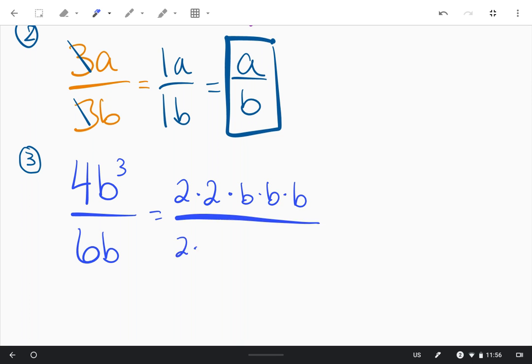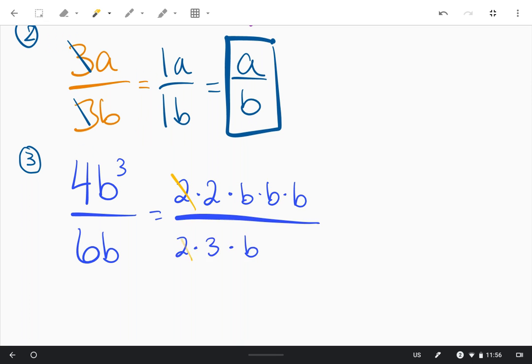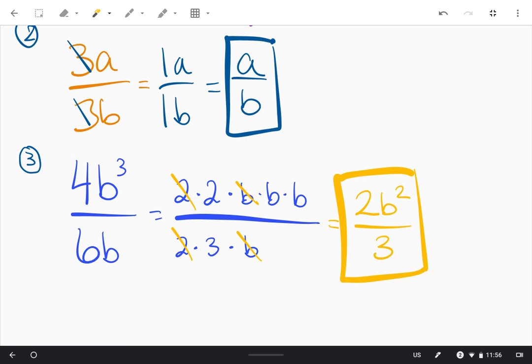And 6 can be 2 times 3 times b. Once we do that, you can see pretty clearly these 2's will cancel out, these b's will cancel out, leaving me with 2b squared over 3, and that would be the final answer.